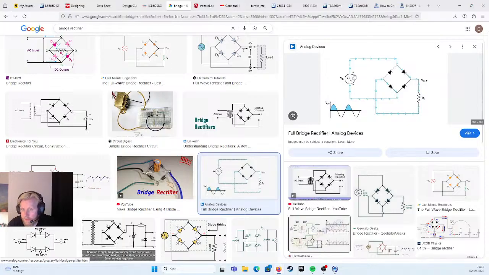Negative, it would go in the opposite direction, go here, pass through the load, up here, through the diode and back. Yeah, right.